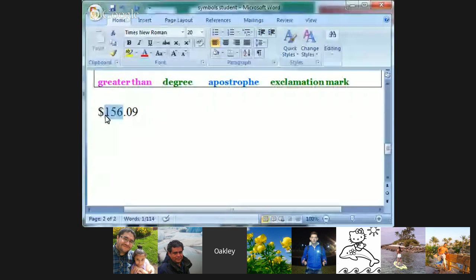$156.09. That's it. So you say the number, and even though the symbol always goes in front, you say the number, then the symbol with monetary symbols. $156, plural.